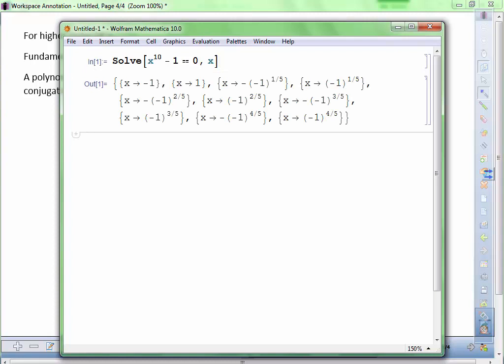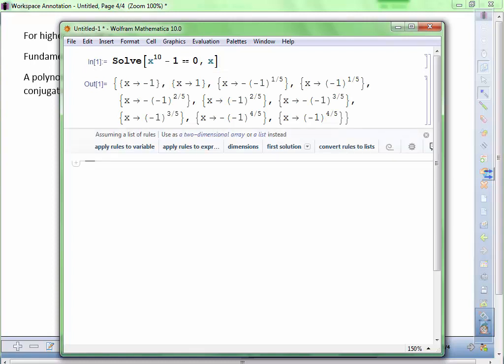And in fact, I do get 10 answers. Those aren't very nice answers. Arrow means those are your results. So x is equal to -1, x is equal to +1. Those are the two answers that we got. But then there's these other ones over here. The fifth root. Why is it the fifth root?